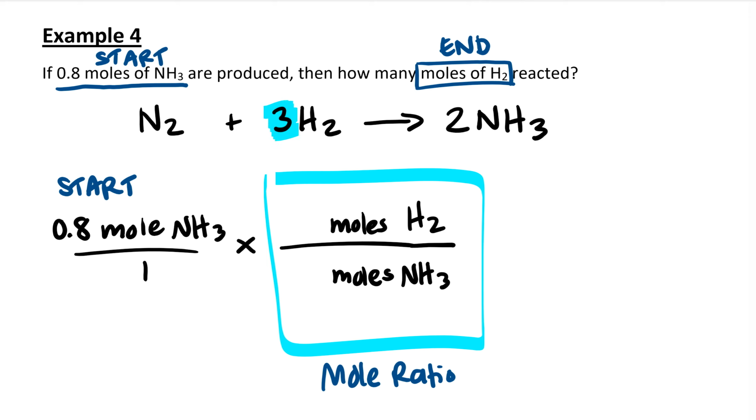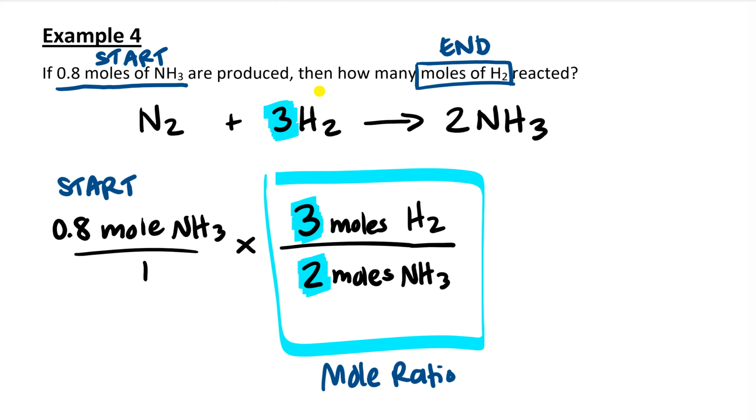So we're going to write 3 moles of hydrogen. And then I repeat for the ammonia. I go to the balanced equation, its coefficient is 2. So I'm going to write 2 in front of the moles of ammonia. And there we go. We've just used our coefficients in a conversion factor inside a dimensional analysis.